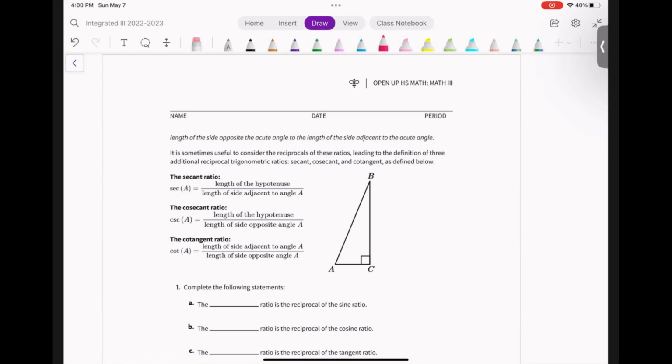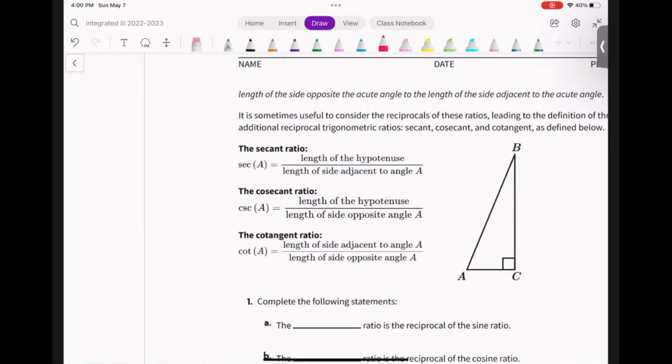And just so that you know, the way I memorize is secant is hypotenuse over adjacent, which is like the cosine, right? Normally it's adjacent over hypotenuse, that's cosine. So these two are buddies, except they're reciprocals of each other.